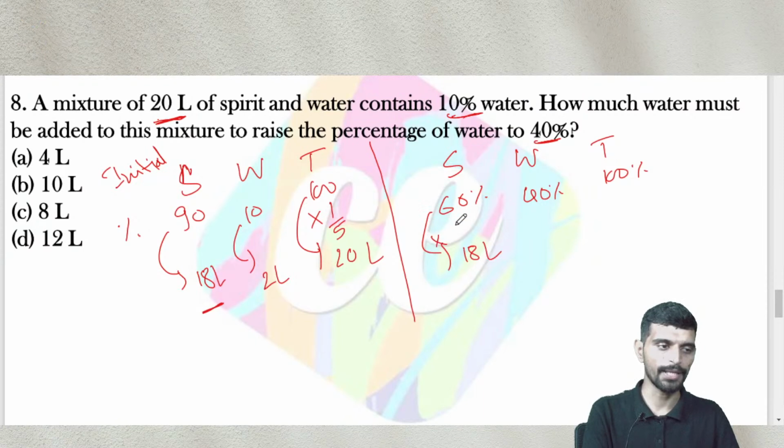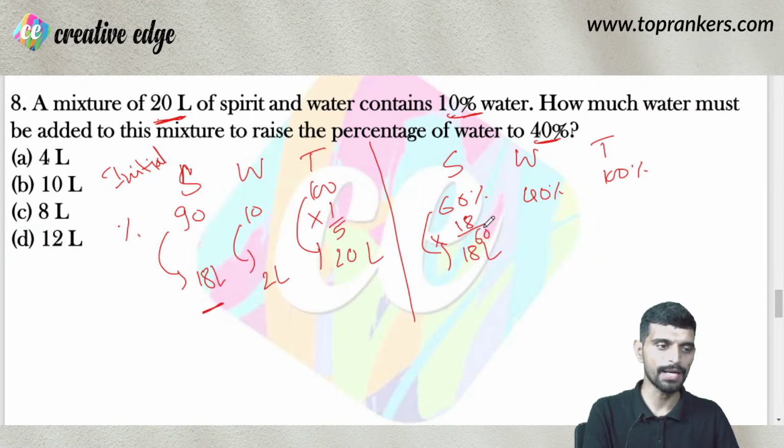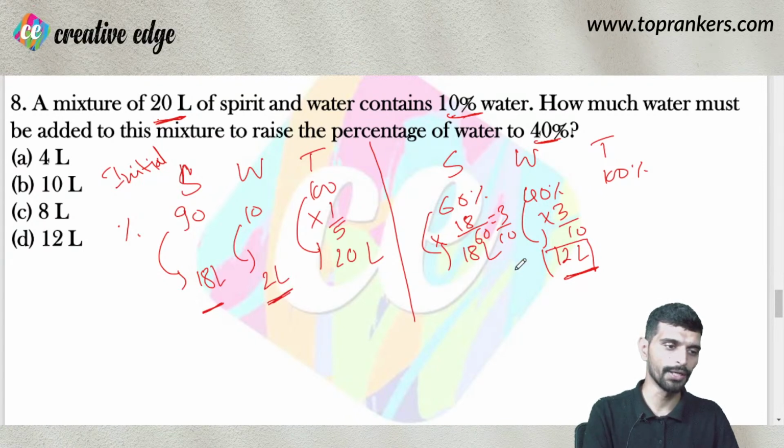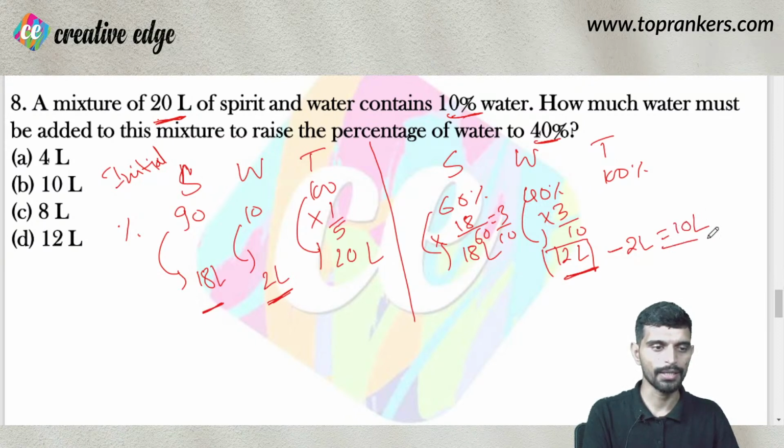So this multiplier will be 18 by 60, that is 3 by 10. So if you multiply by 3 by 10 here, that will give you 12 liters. So 12 liters of water in the final mixture, but you already had 2 liters. So the amount that must be added is 10 liters.